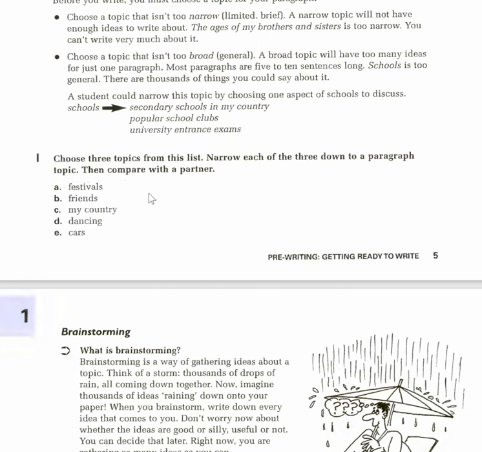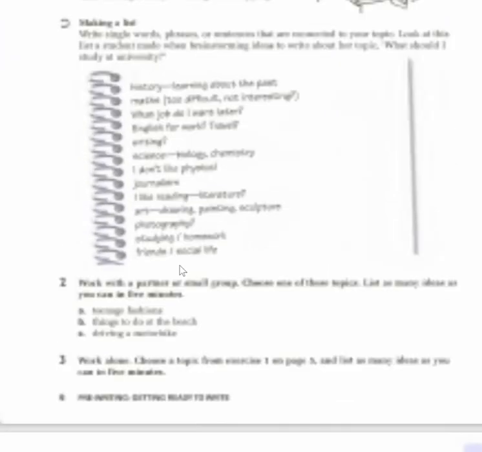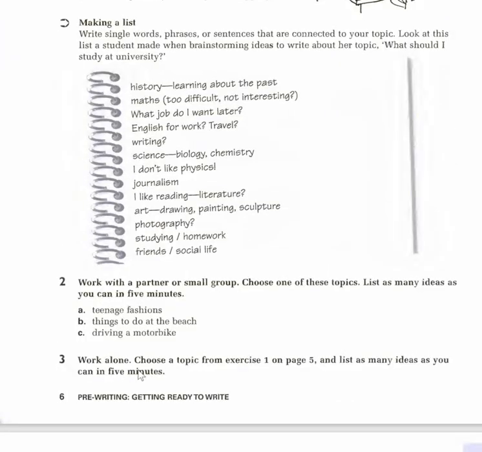We have topics: festivals, friends, my country, dancing, and cars. The exercise here is to choose a topic from those suggested topics and list as many ideas as you can in 5 minutes.